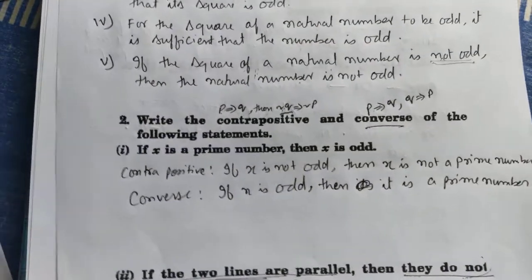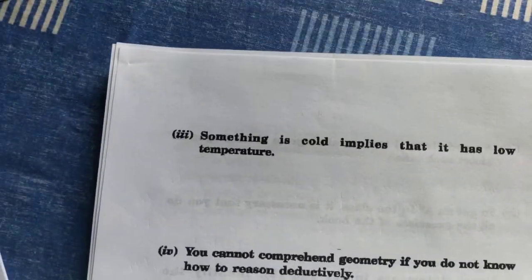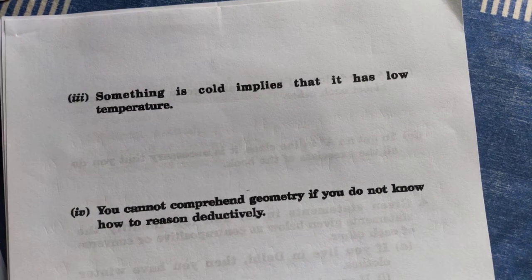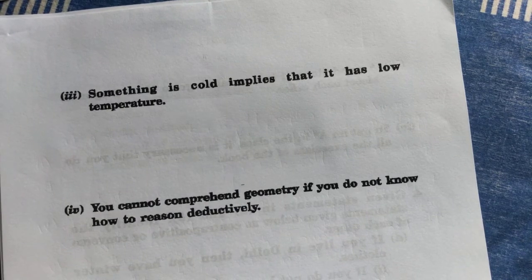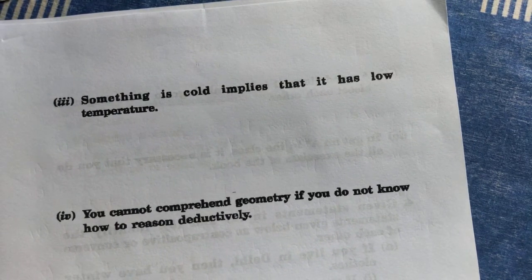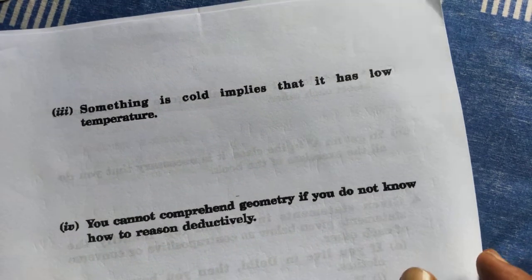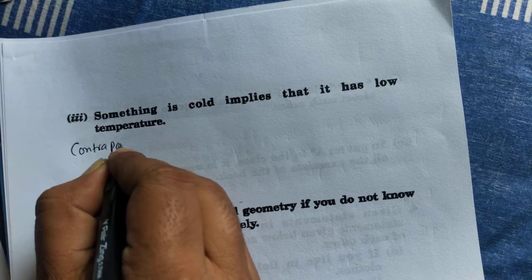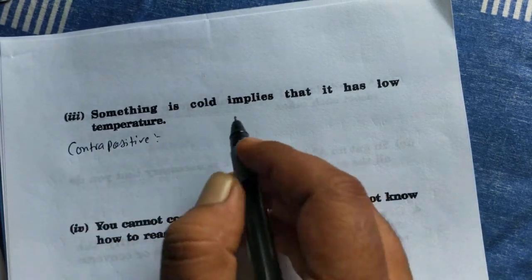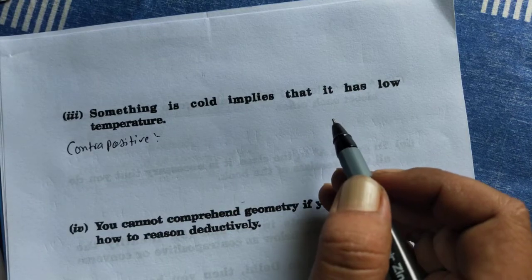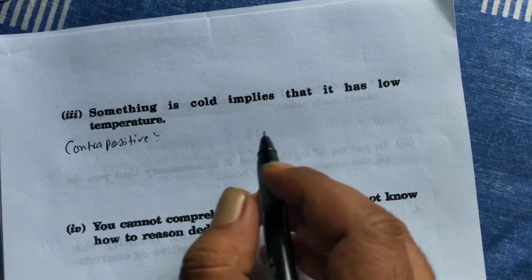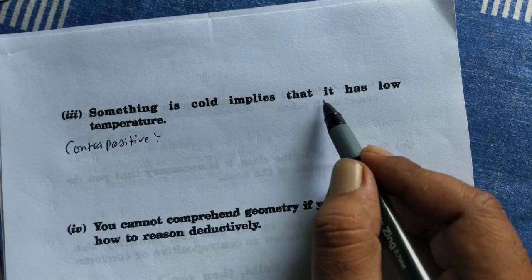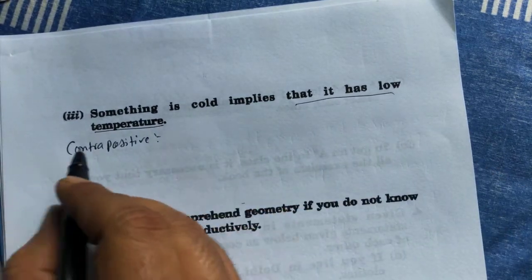Similarly, we have to do question number 3. Something is cold implies that it has low temperature. So the contrapositive will be: we'll use the second statement phrase, but with negation.